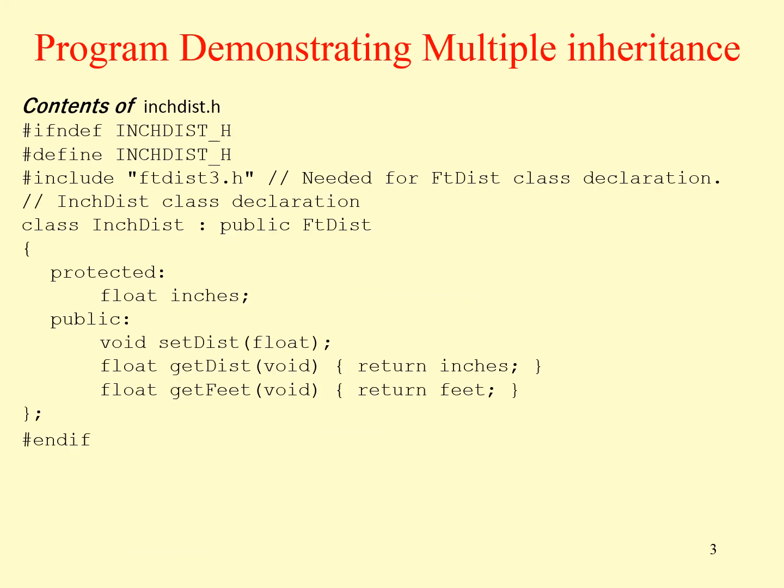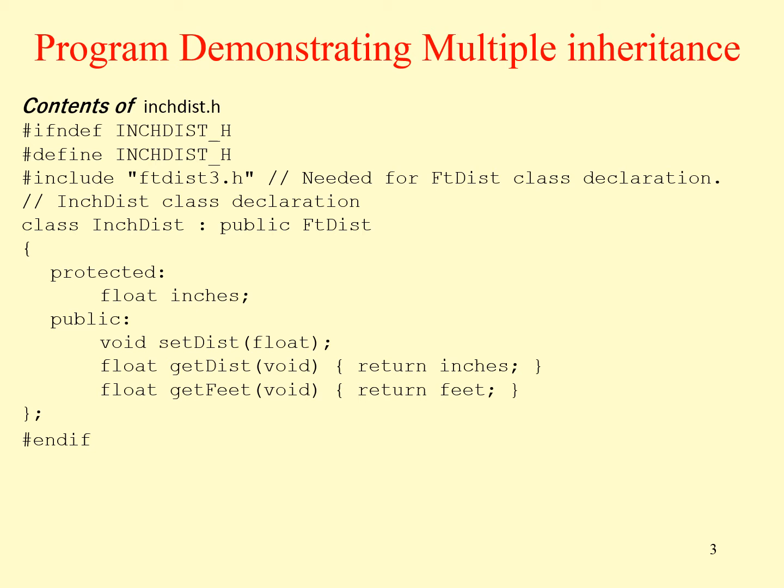As an example, we have a situation whereby we define a class. The ifndef shows that if this class has not been defined anywhere else, we are defining it here, and we're also including another class, the feet distance header, which is already in existence. That's why we include it as a header file.